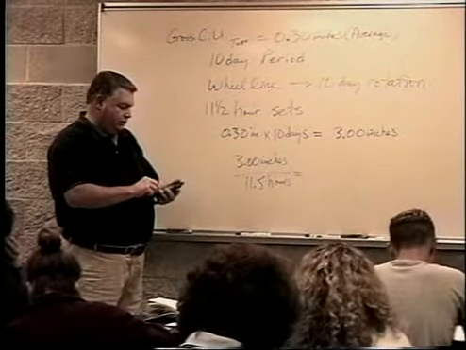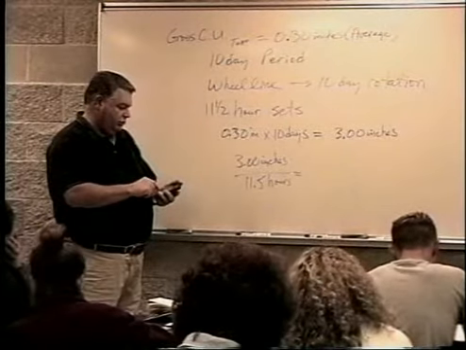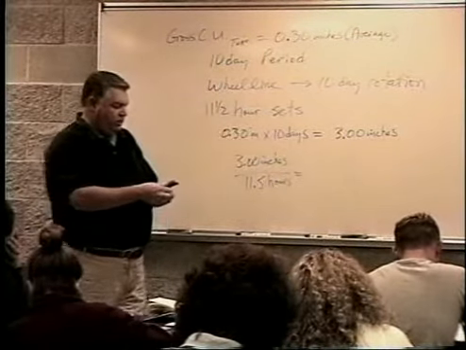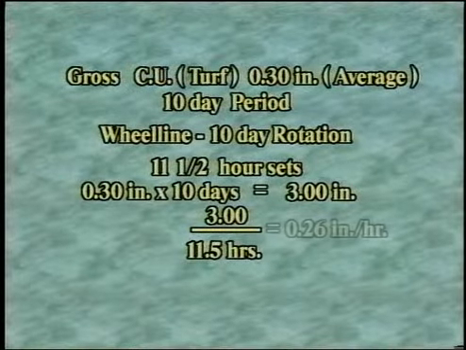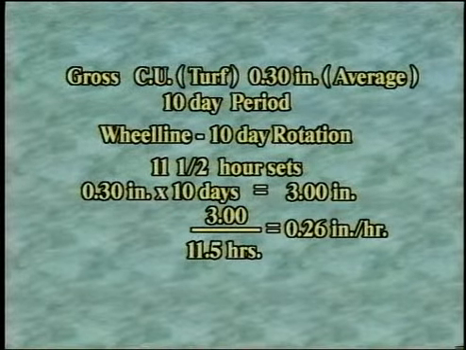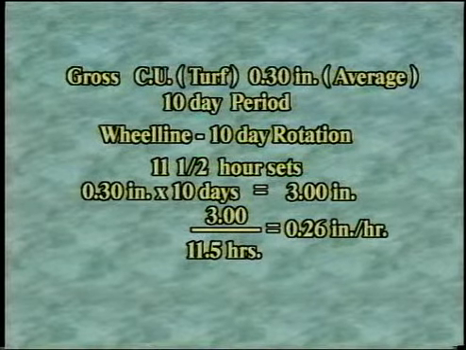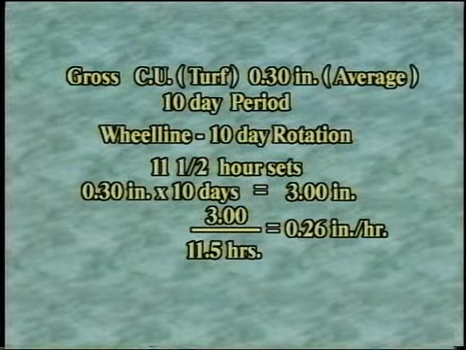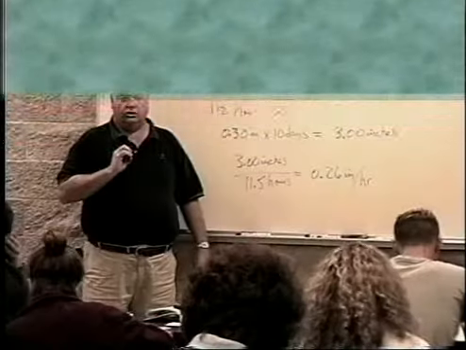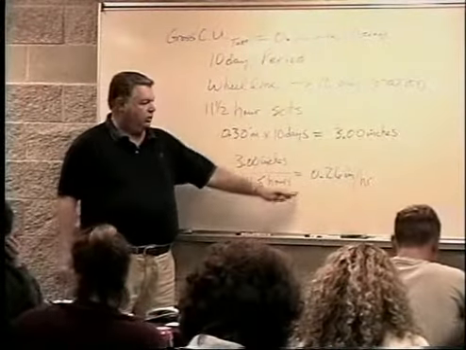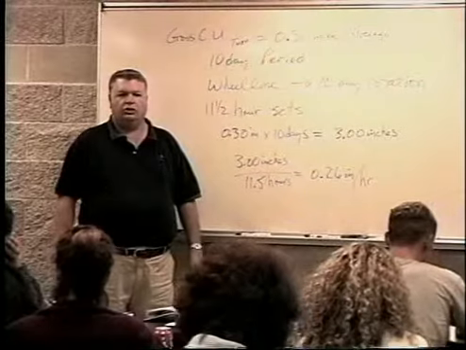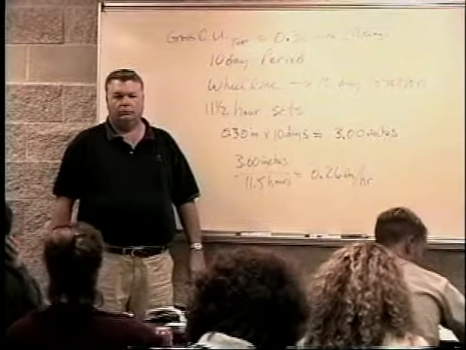So we have 3 divided by 11.5, and that means we have to put water on at the rate of 0.26 inches per hour. And so we design our wheel line nozzles to flow at a rate of 0.26 of an inch per hour.